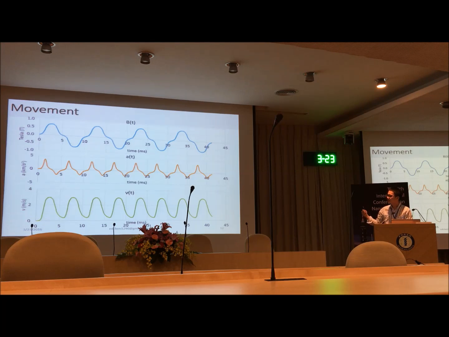And we want to analyze the movement of our gold microplates. This is the magnetic field strength, and if we look here at the first red line, there is a dramatic increase in the magnetic field strength, which means dB over dt is very large, and we'll have a lot of acceleration like here.